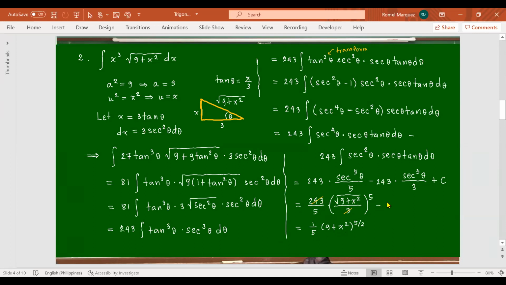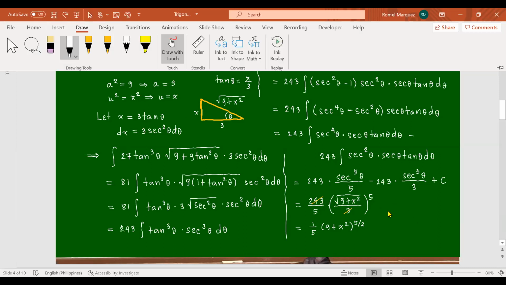What about the second integral, guys? Minus 243 over 3, that is 243 divided by 3, equal to 81.